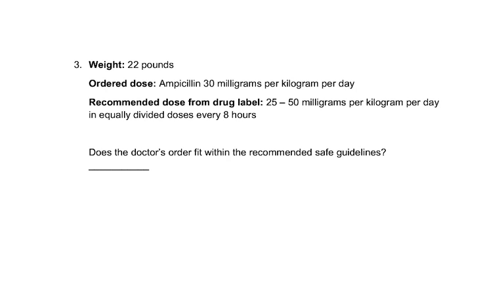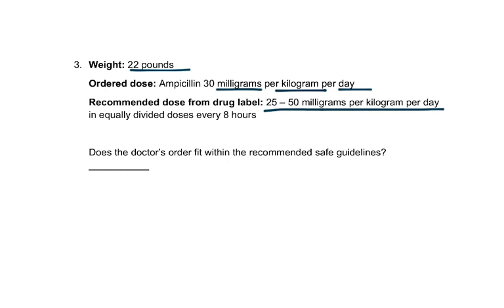Okay, so now we're going to figure out how to do dosage calculations with it. So here we know that their weight is 22 pounds. The ordered dose is 30 milligrams per kilogram per day. The recommended dose in the drug milligrams is 25 to 50 milligrams per kilogram per day.